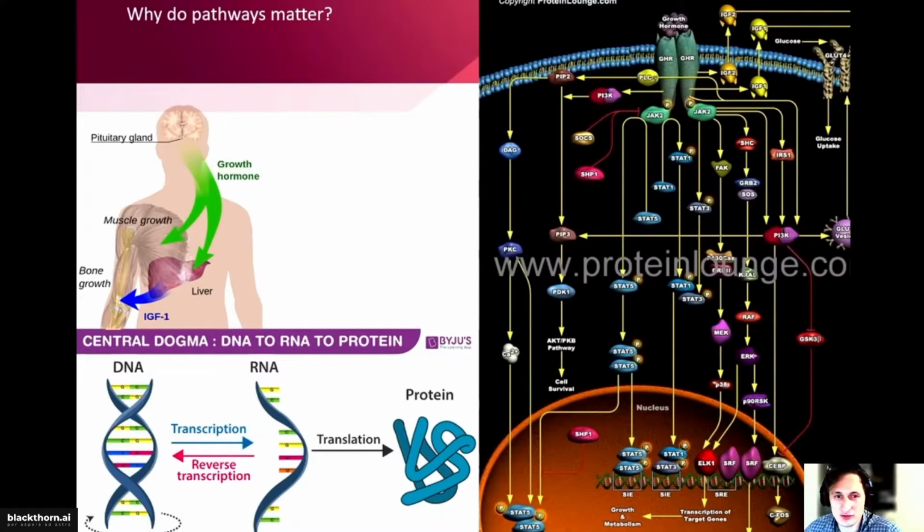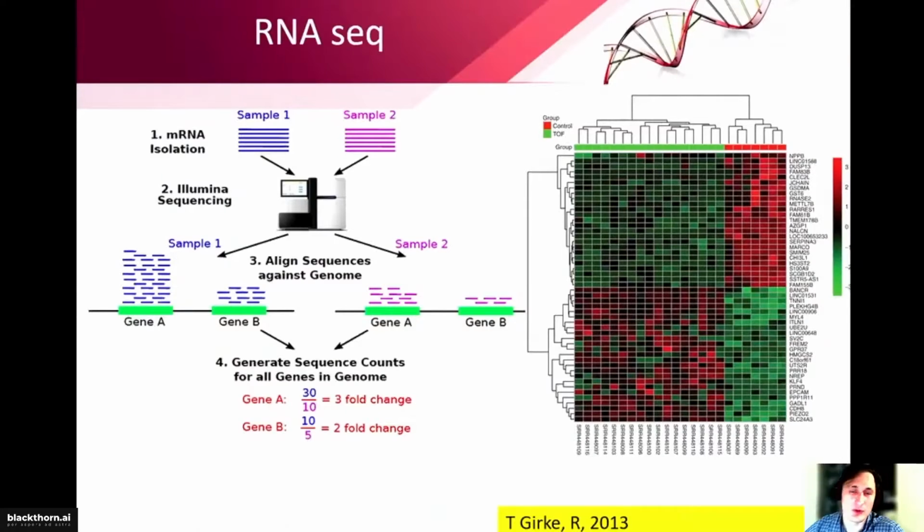And when we are talking about growth hormone, it has a huge acceleration effect on protein synthesis and growth of cells and of the overall organism. But just going back to RNA-seq.